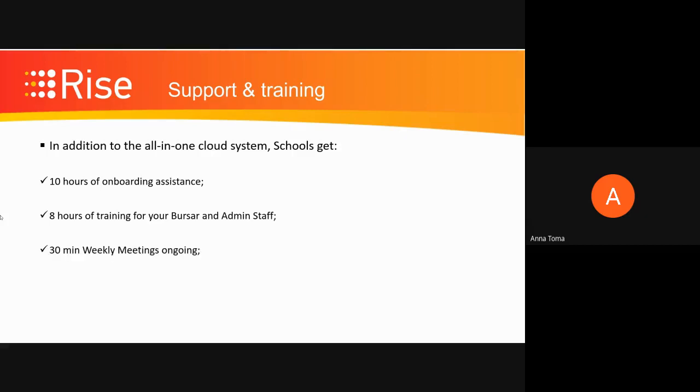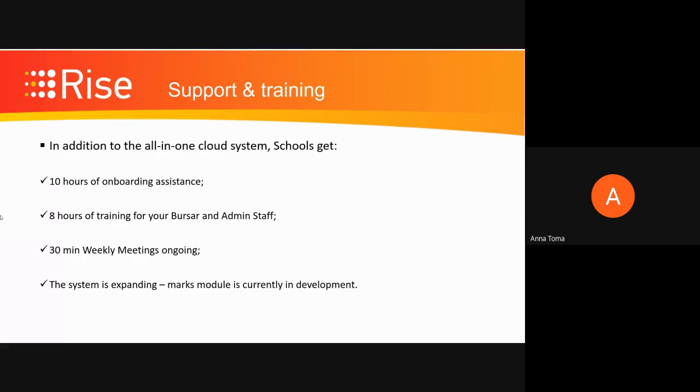So when schools join our program, they get 10 hours of onboarding assistance from us, as well as 8 hours of training for your bursar and admin staff. And going forward, we also include 30-minute weekly meetings, just to make sure that your concerns, your queries, your questions, get answered, and so that we can discuss what needs to be discussed.